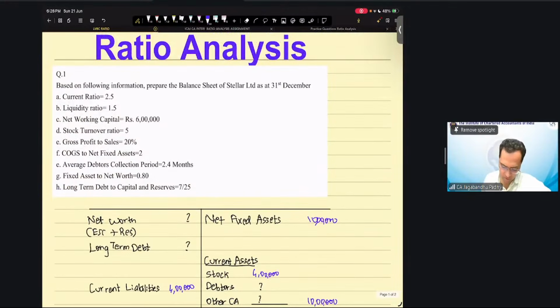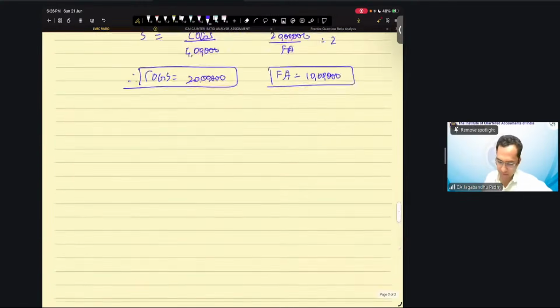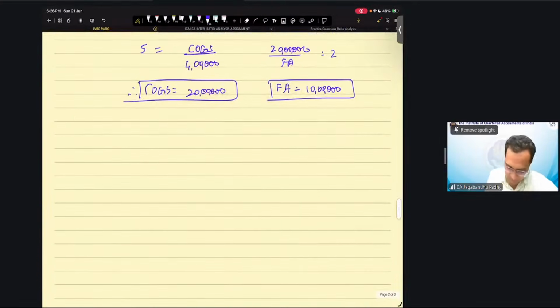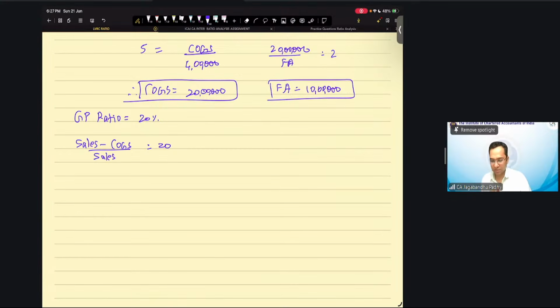Then we will use the average debtors collection period and sales. Since your COGS is 20 lakh and gross profit to sales is 20%, the GP ratio is 20%. So sales minus COGS upon sales is 20%, or 0.2.